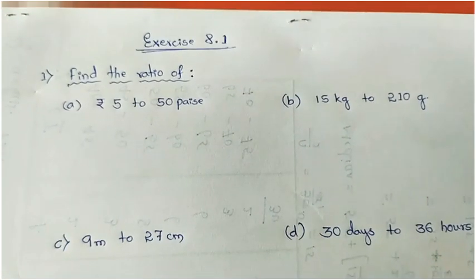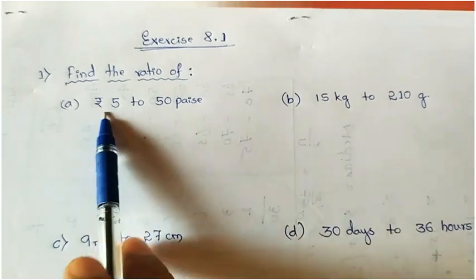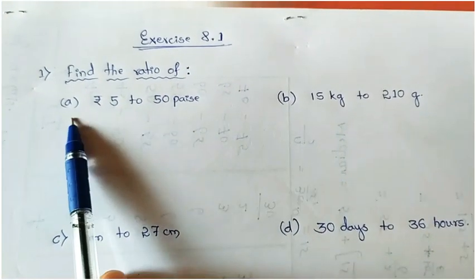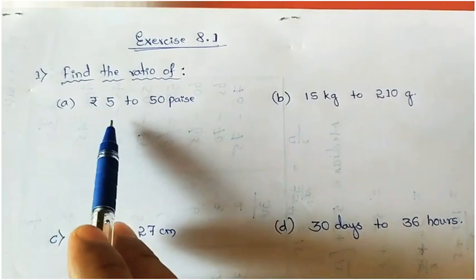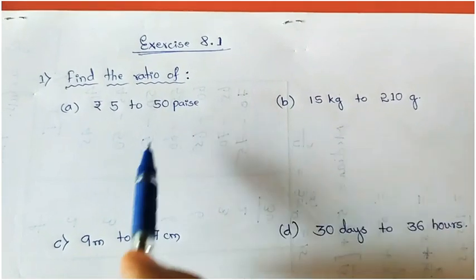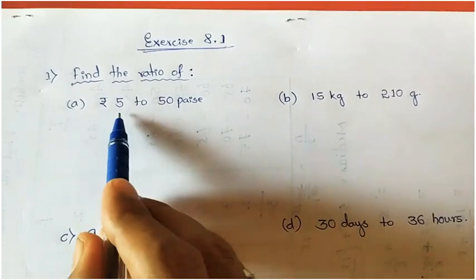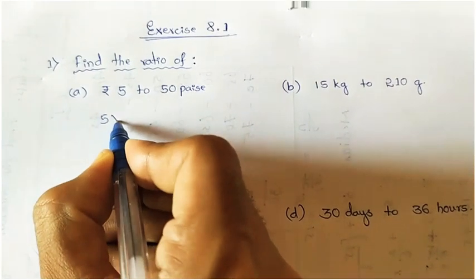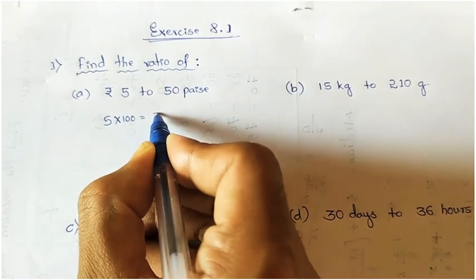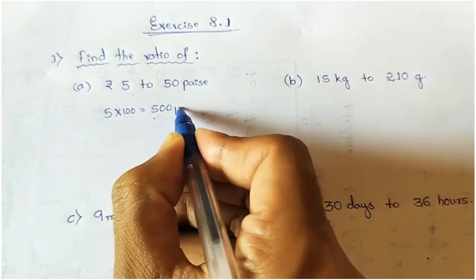In exercise 8.1, find the ratio of the first one, 5 rupees to 50 paise. So make them into the same units. Here rupees, here paise is there. So convert this rupees into paise. 5 rupees means 5 into 100, we will get here 500 paise.